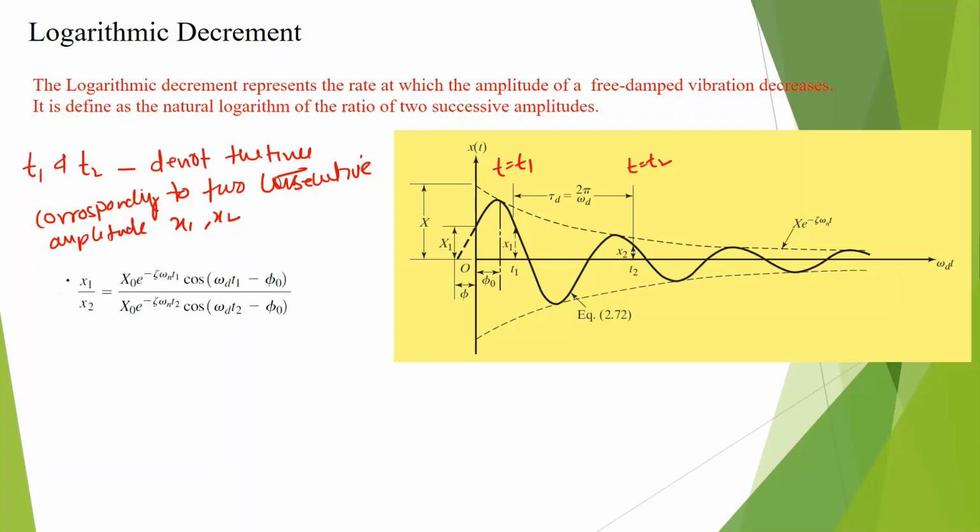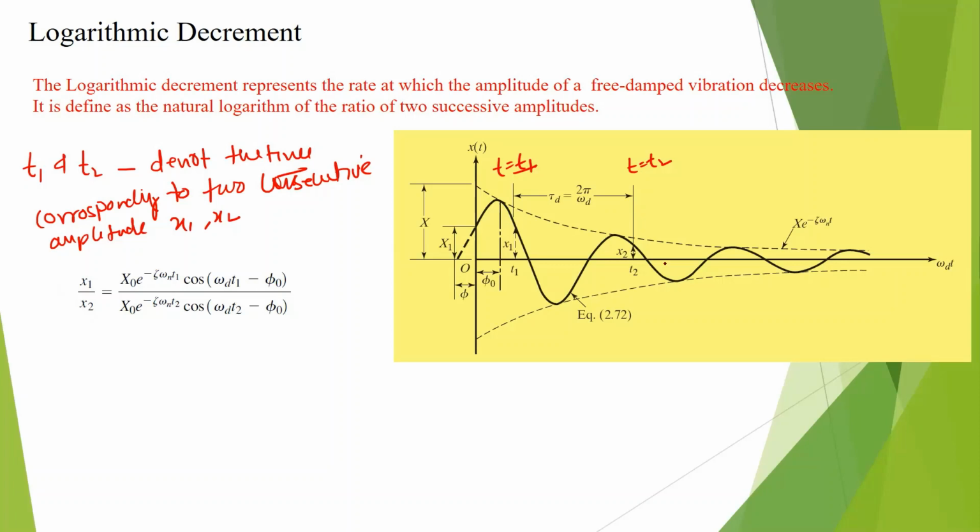As we know, the response of the underdamped system can be given by this equation. x1 equals x naught e raised to power minus zeta omega n t1, cos omega d t1 minus phi naught, because we measured x1 at t1 time. And x2 equals x naught e raised to power minus zeta omega n t2, cos omega d t2 minus phi naught.